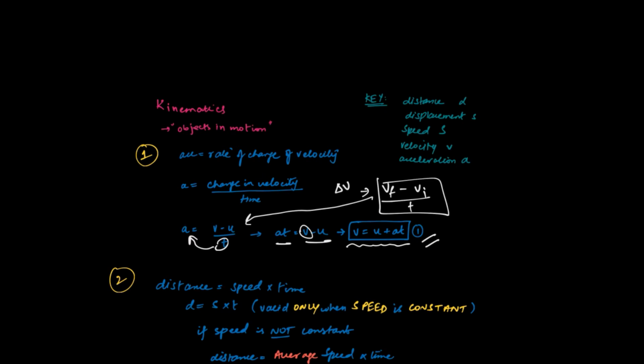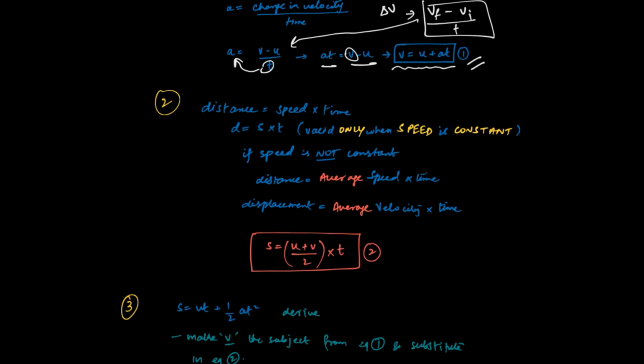Moving on, the second equation of motion is based on the formula of distance, and that is distance is equal to speed into time. However, this specific formula is valid only when the speed is constant, and when the speed is not constant, this formula cannot be used. So there is another formula, with just an addition of the word average, and the remaining formula remains the same.